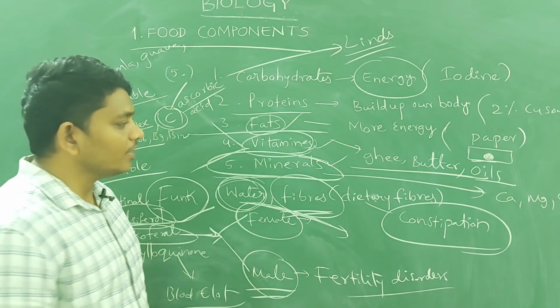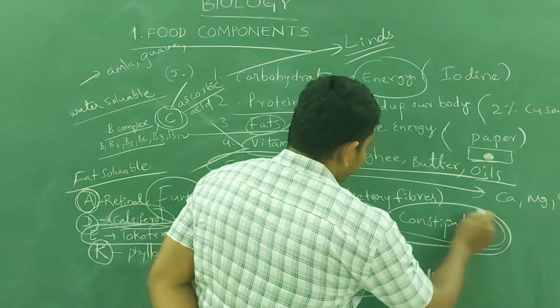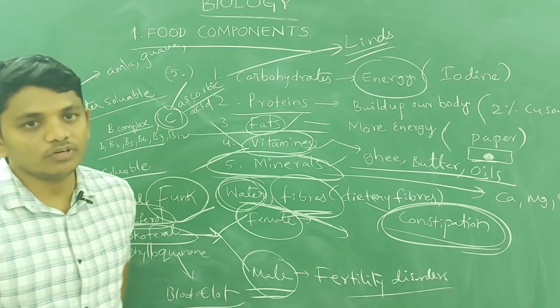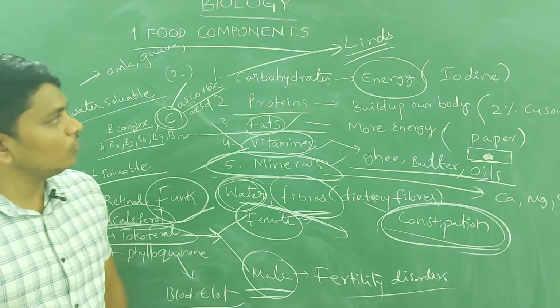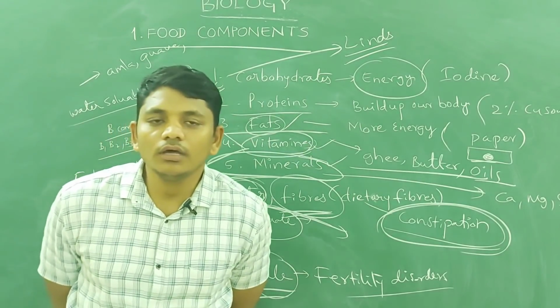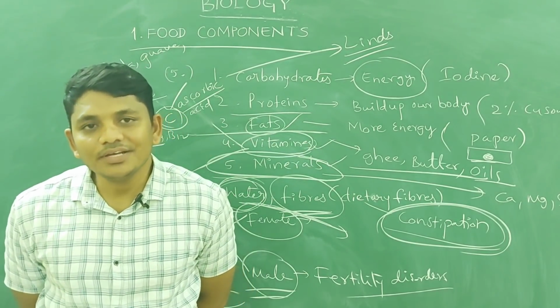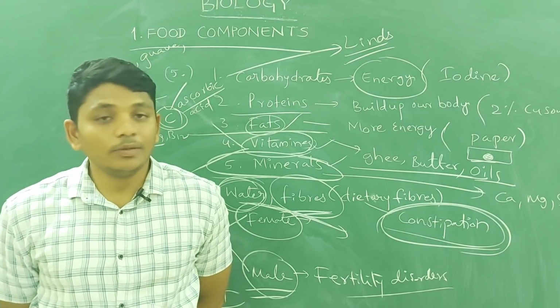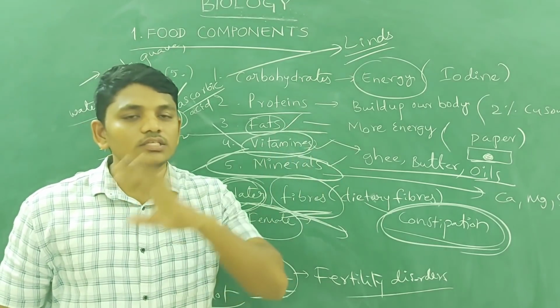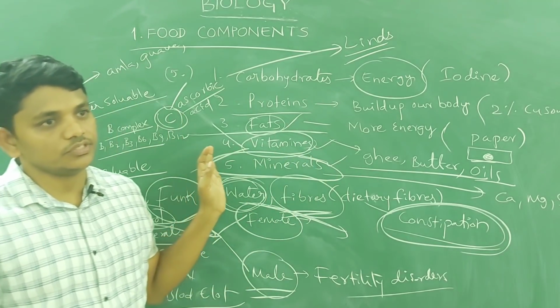So for better digestion, to avoid constipation, we have to take much dietary fiber. All these things are very important for our body, for maintenance, growth, liberating energy, and repairing wounds. For all these things food is very essential.